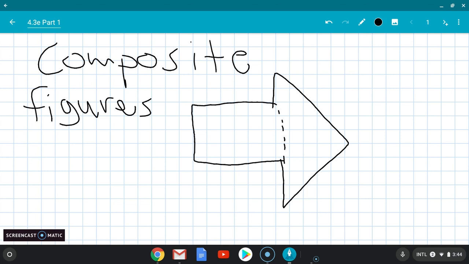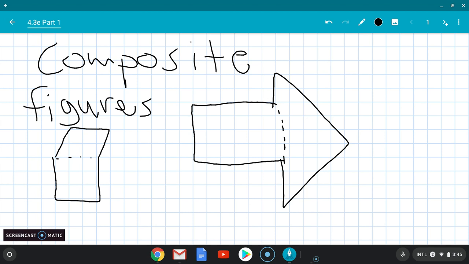Say you have a square and a parallelogram. That would be a composite figure. And you could put a dashed line to show the separation, but it's two or more figures put together.